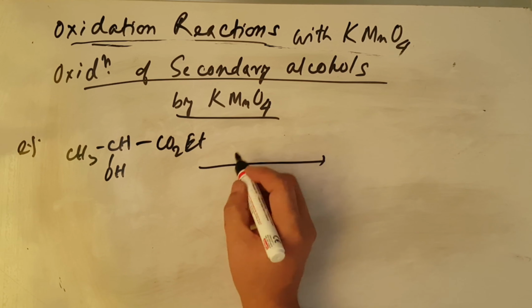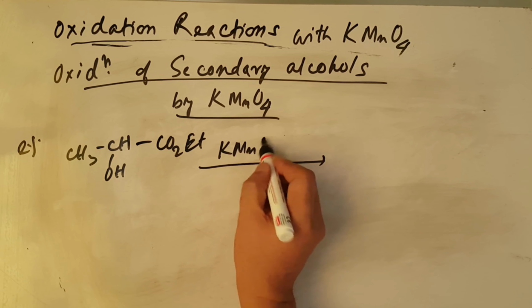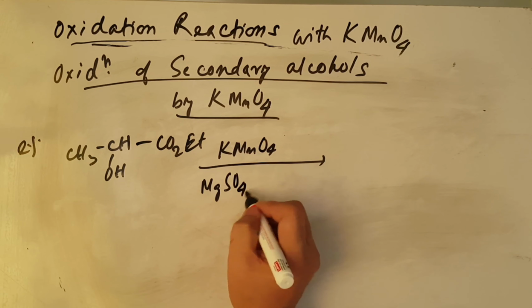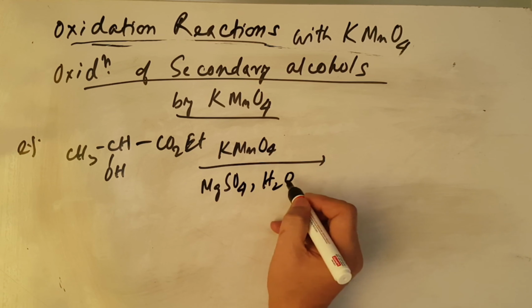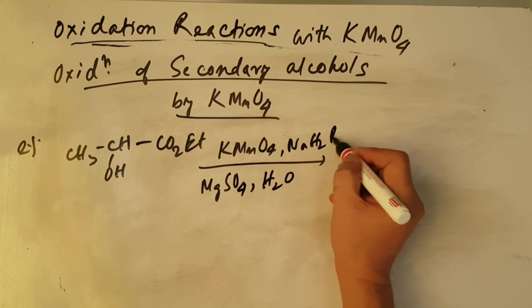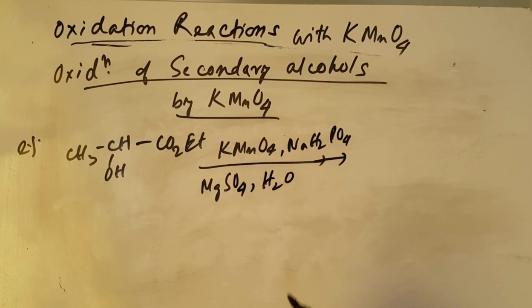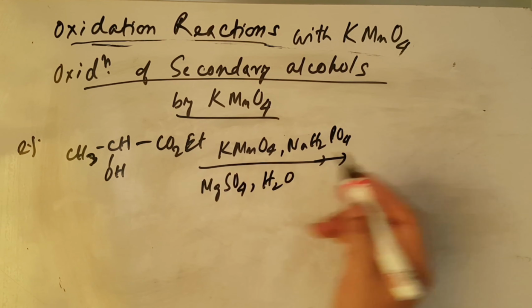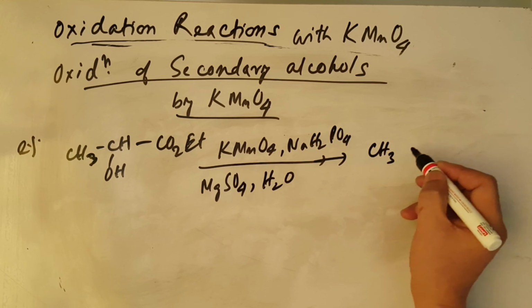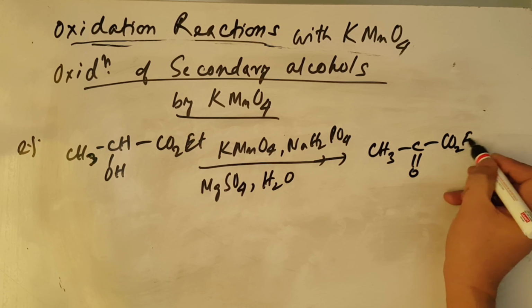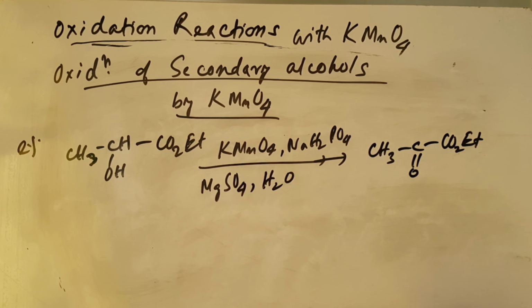Using acid conditions, KMnO4 potassium permanganate with magnesium sulfate in aqueous solution, in the presence of sodium hydrogen phosphate, the secondary alcohol is oxidized to the ketone. I'm giving one example, though there are many examples.